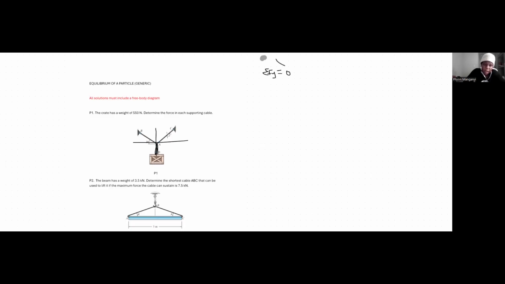Sum of forces in this direction will be equal to zero. You add them and it will be equal to zero.